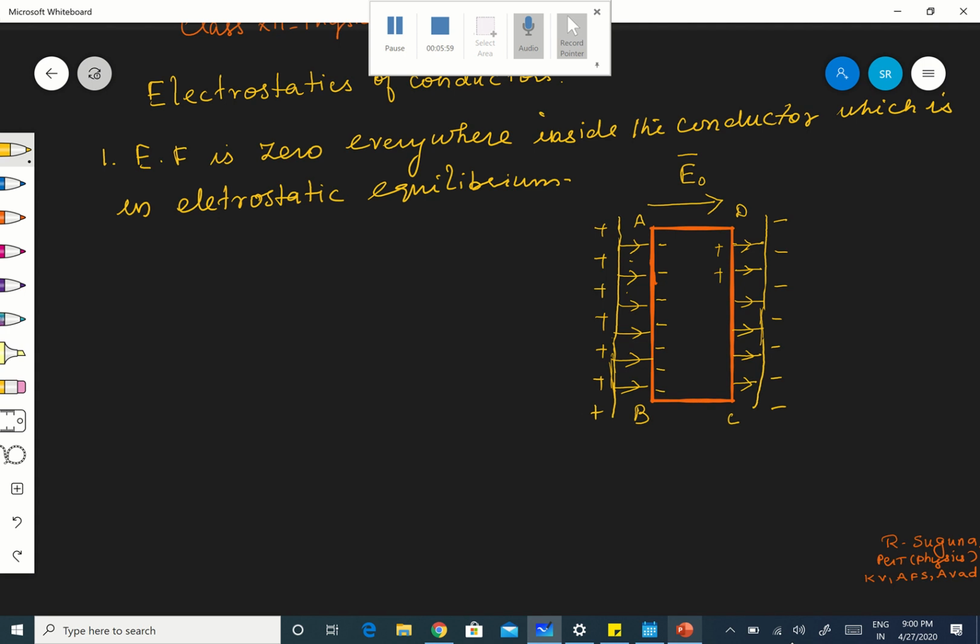Hope you are following. Outside the electric field is E naught, when this is a conducting slab.